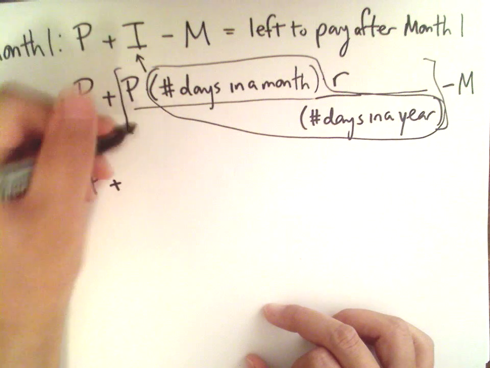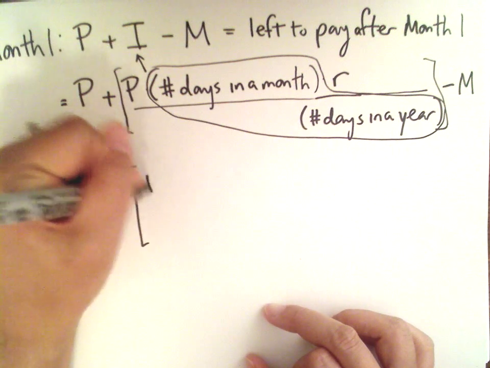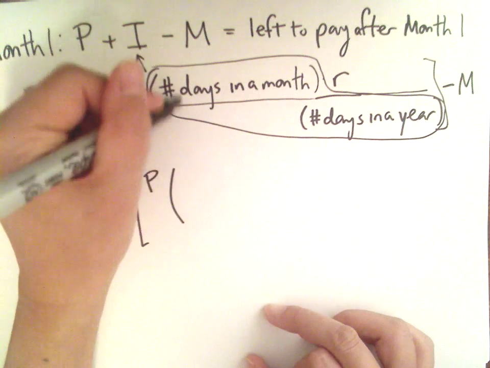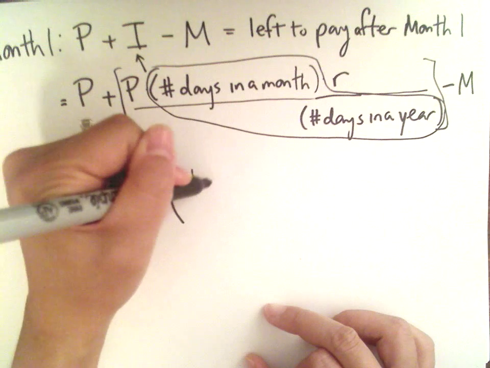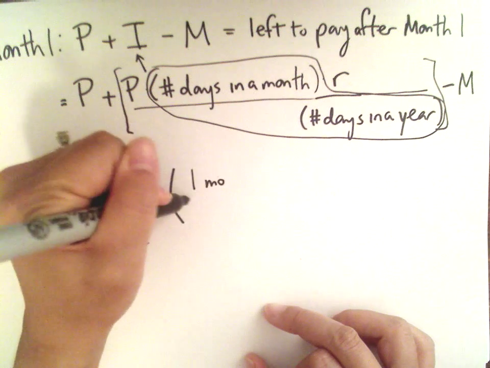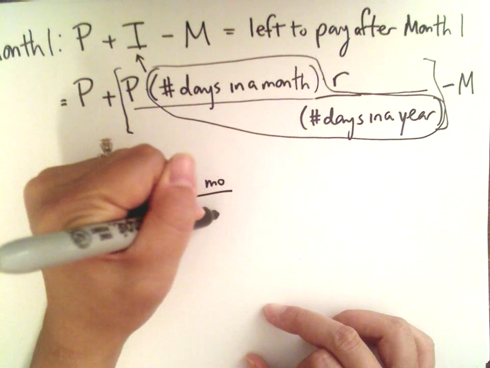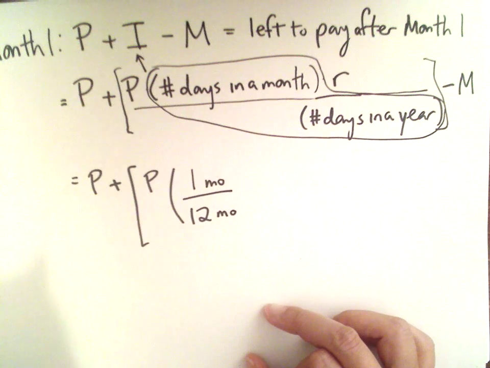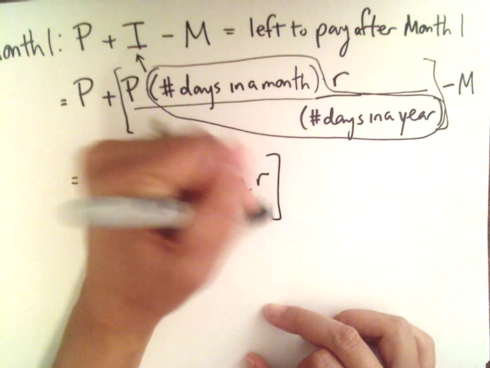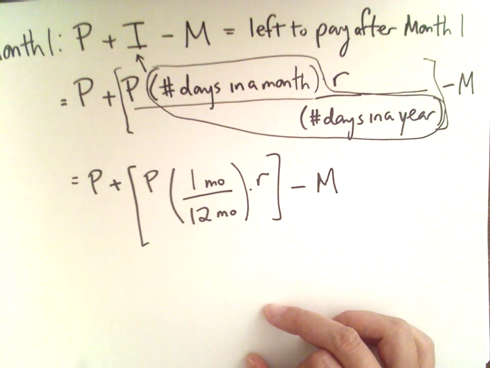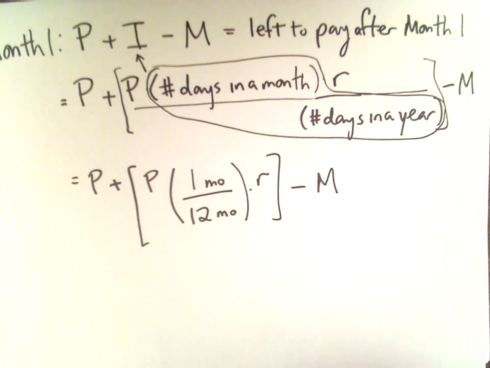P plus P times, instead of days in a month over days in a year, 1 month over 12 months, and then times R, minus M. Let's not write months anymore.